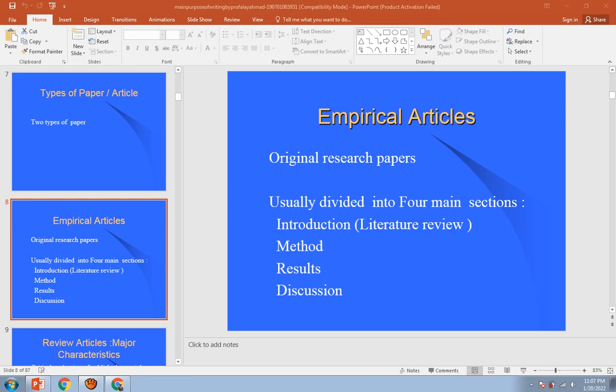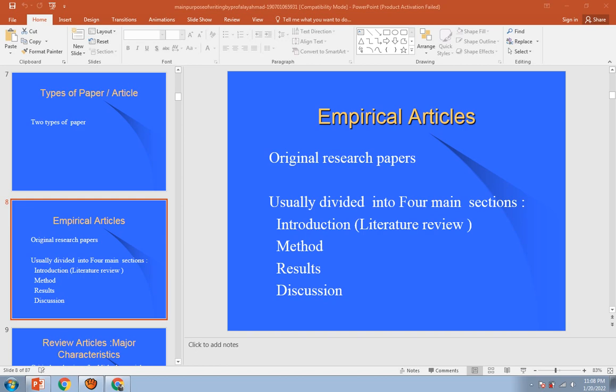To retain it in your memory. Empirical articles are based upon experiments under control and condition, original research papers, usually divided into 4 main sections. How many sections? Category of empirical article usually divided into 4 main sections.